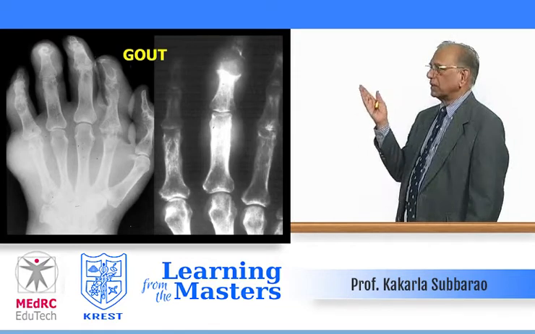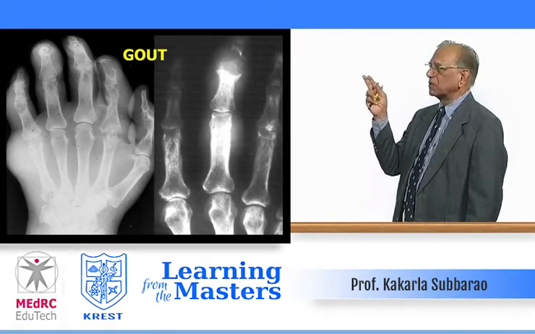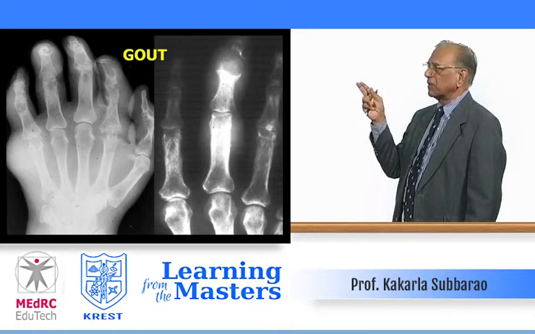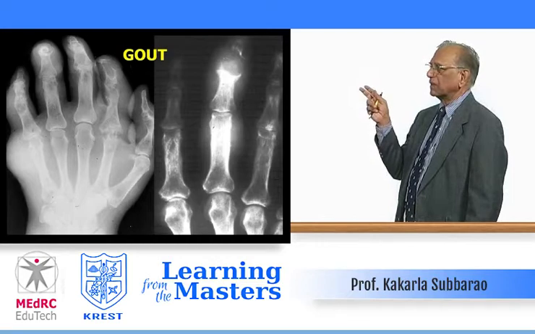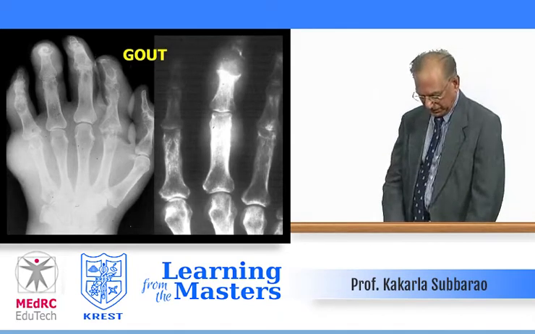Again, look at the soft tissue swellings. Look at the pseudotumor of gout. Almost it looks like a complete osteolysis of the middle phalanx of the middle finger on your left hand side. And there are some punctate calcifications indicating gouty tophi.